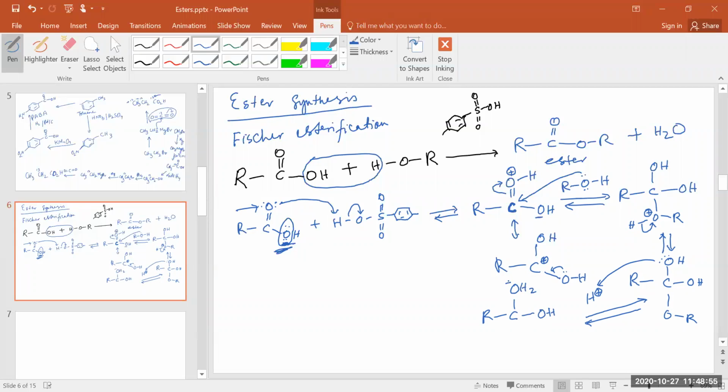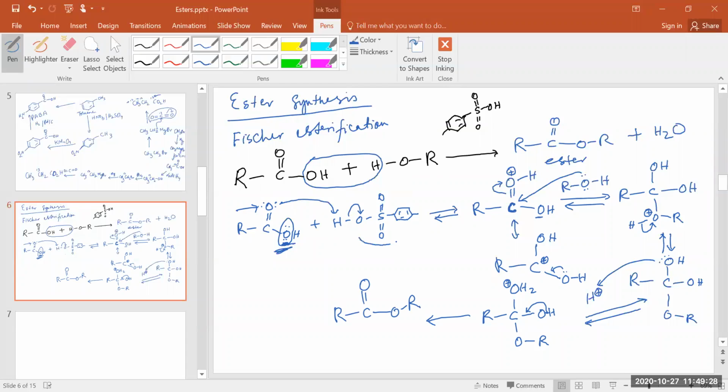So you'll have OH2. As soon as OH gets protonated, it becomes a very good leaving group. And then the conjugate base will take this proton, and then you'll get the product. So what is the conjugate base here?